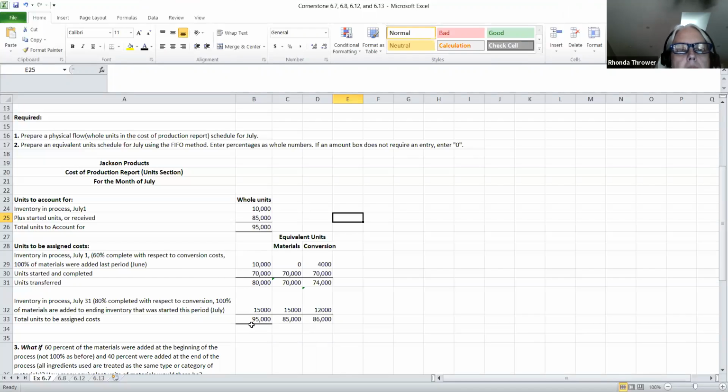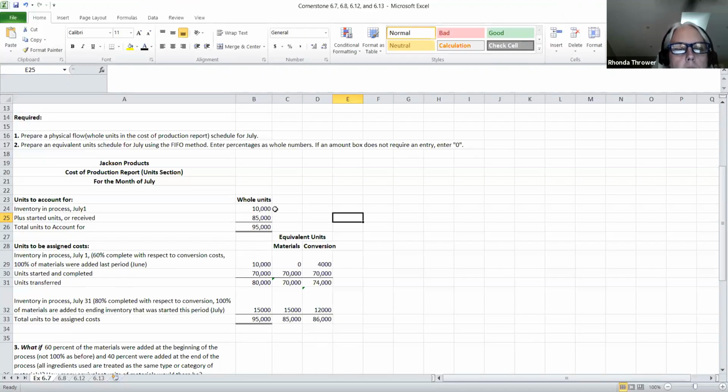So what I would say to you, if you were filling out a cost of production report, write down the different lines of the cost of production report first, then fill in the information that you do know and work backwards to find the information that you don't know.